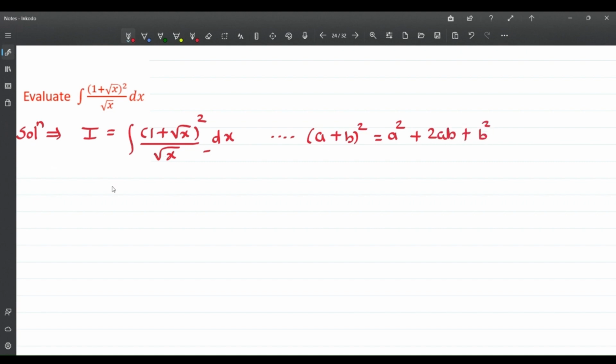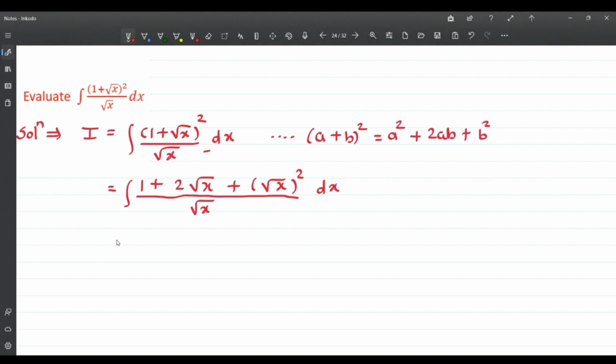So (1 plus root x) bracket square becomes 1 square plus 2 into root x, that is 2 root x, plus (root x) bracket square, divided by root x into dx.